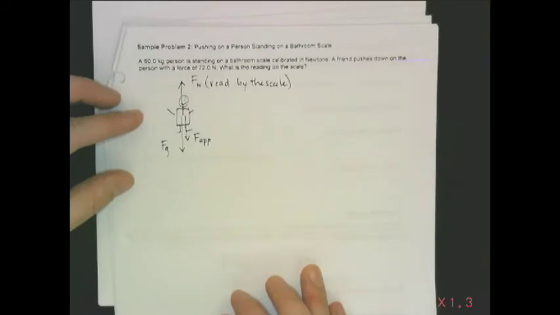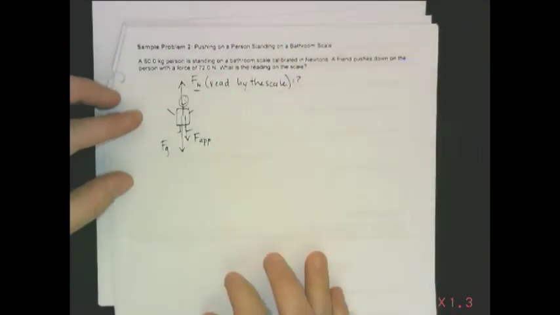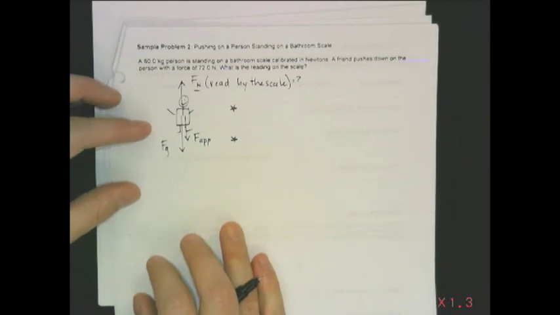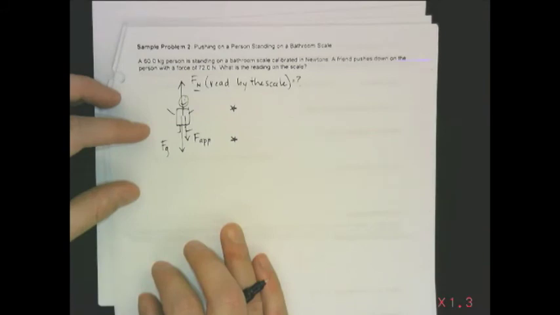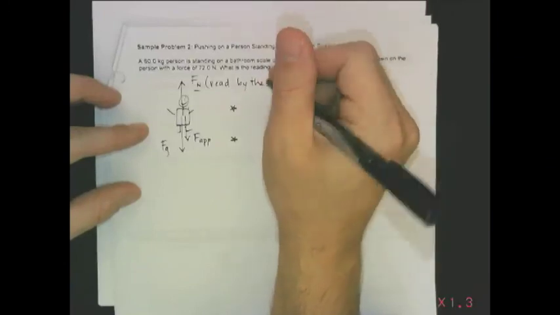What we want to find is what is the reading on the scale. So what is the normal force? So let's set up this equation by following the 2 steps. List all the forces acting.